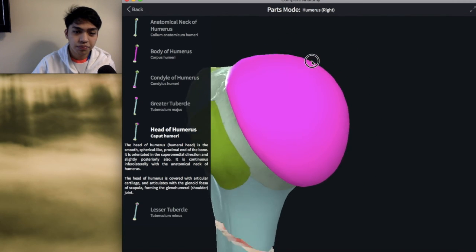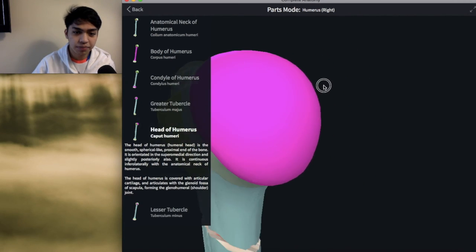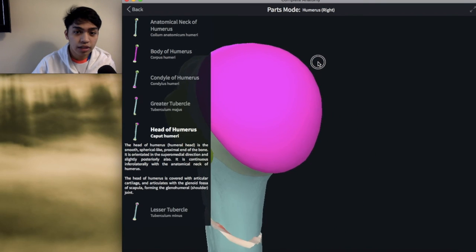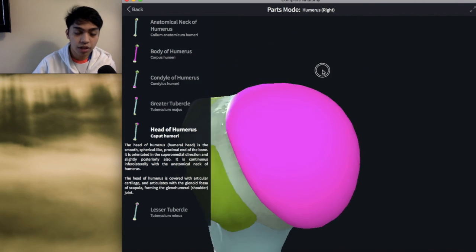Now, this head is covered with articular cartilage, if you're going to remember, and along with the glenohumeral joint, or what we call the shoulder joint, it is connected to the scapular region.